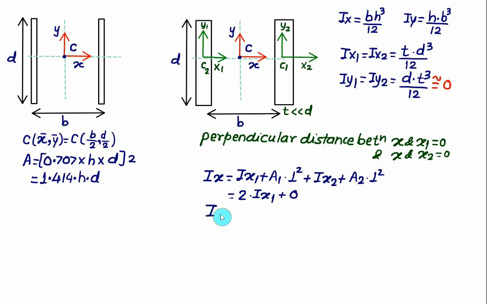So the moment of inertia will be 2 times t into d cube divided by 12. So this value of Ix is equal to t d cube divided by 6. Remember this formula when the welds are vertical.